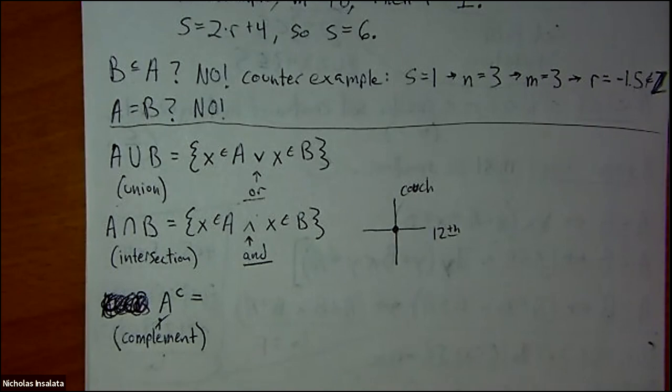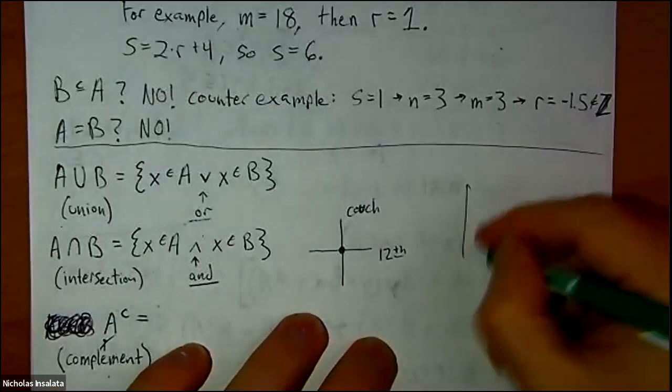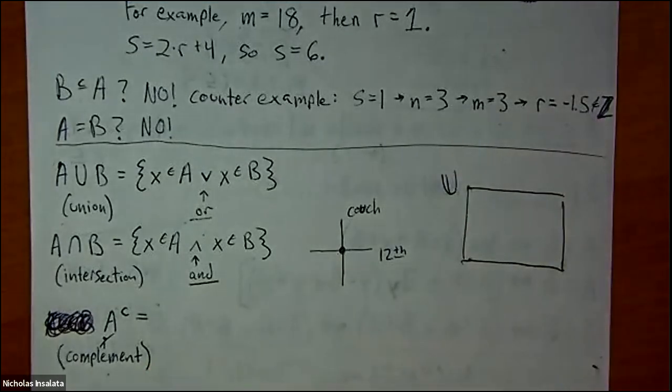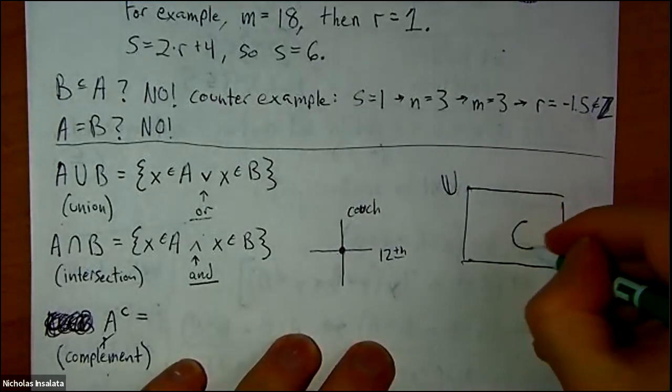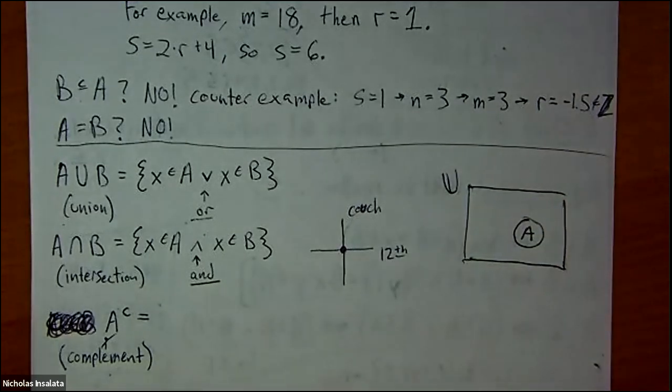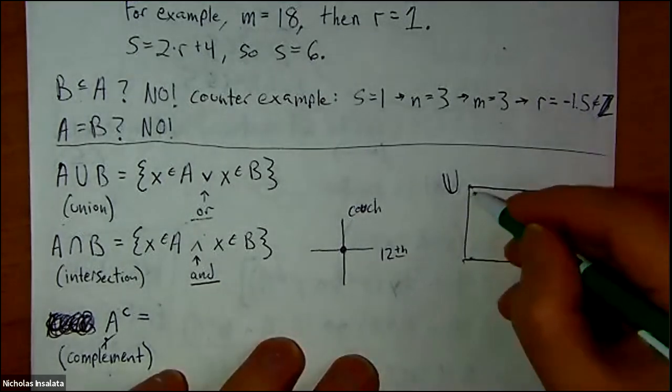So like complementary, you would say, oh, this red wine really complements the roast duck, right? So something that goes well with it. That's the usual English interpretation, and the mathematical interpretation is close to that, but it's not exactly the same. So let's say that I had some set of all the numbers, and I'll call that the universe, and I have some proper subset of the universe of all numbers called A. So the complement is all the elements in U that are not in A.